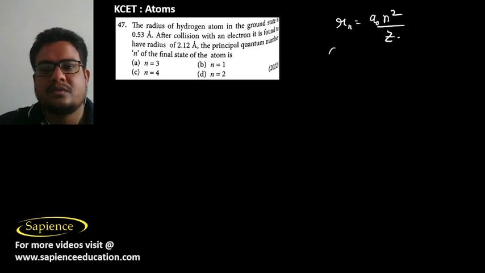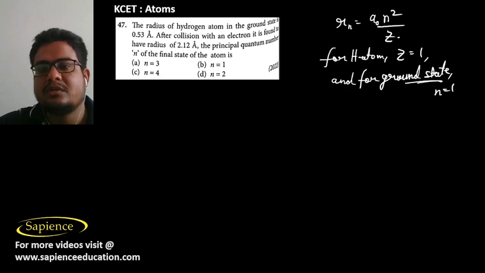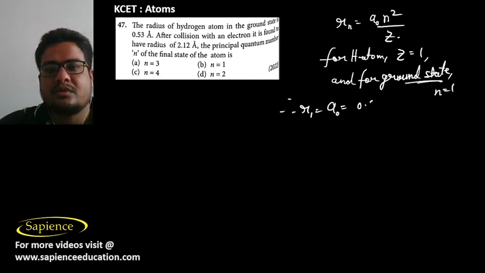So for hydrogen atom, z is equal to 1, means the atomic number is 1, and for ground state, n is equal to 1. It means that in the ground state, the electron will revolve in the first orbit. So therefore, r1 is equal to a0, and that is equal to 0.53 angstrom, it has been told.